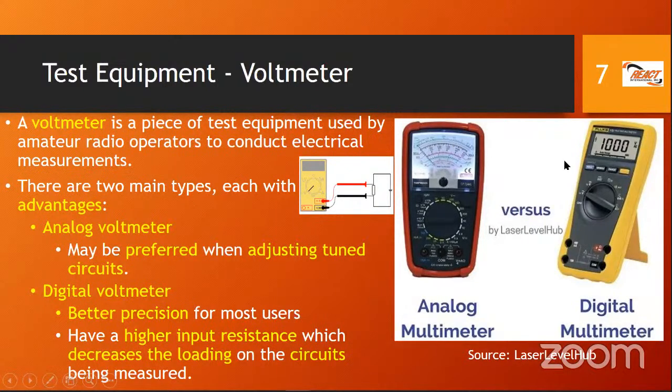That's the analog type. And then on the right-hand side, you have the digital meter. You have digits, a readout. I mean, you have a bar graph below here, but it's a digital multimeter or digital voltmeter. On the left-hand side here, we have the analog. So just note that there are two types, and each of them, of course, come with their own advantage and disadvantage. So you have the analog voltmeter, and you have the digital voltmeter.